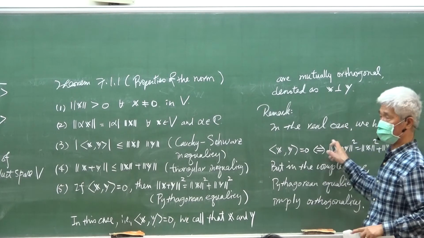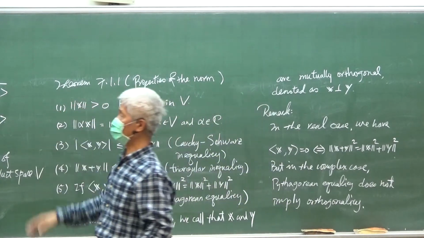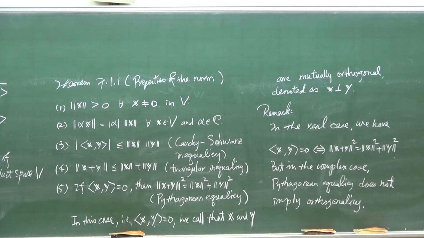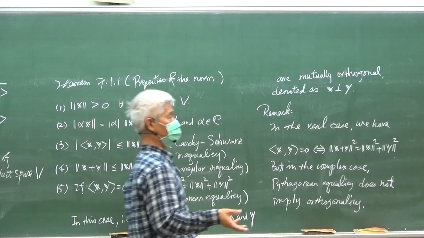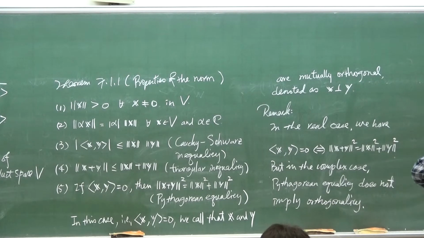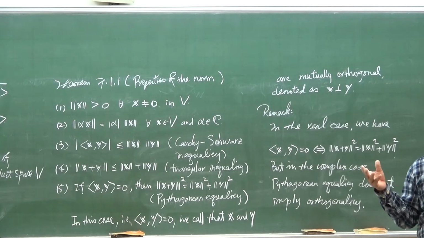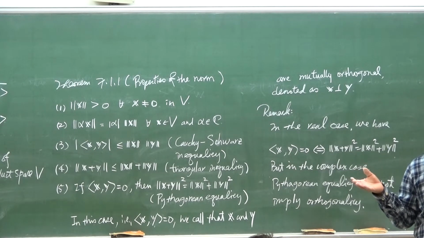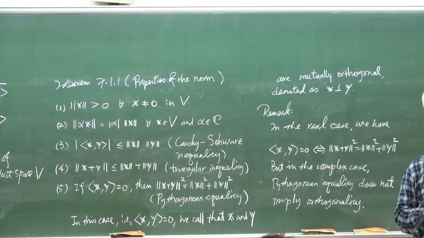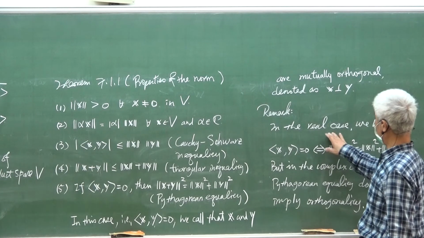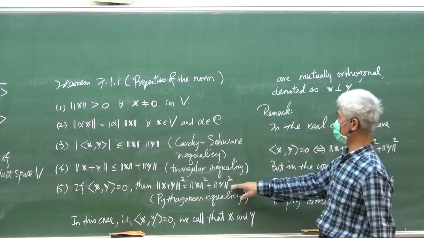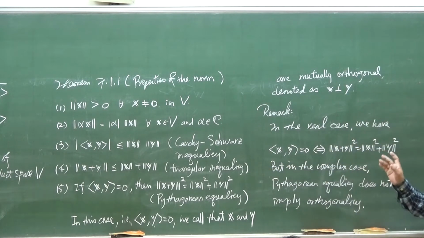The so-called real case means that for all the inner products we defined over the real numbers, all the conjugates can be removed, because conjugates are only valid for the complex case. So in the real case, orthogonality is the same idea as the Pythagorean equality.